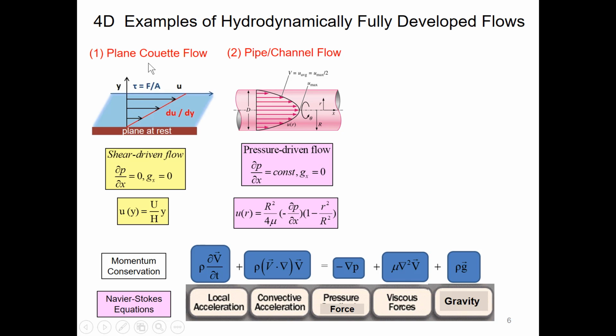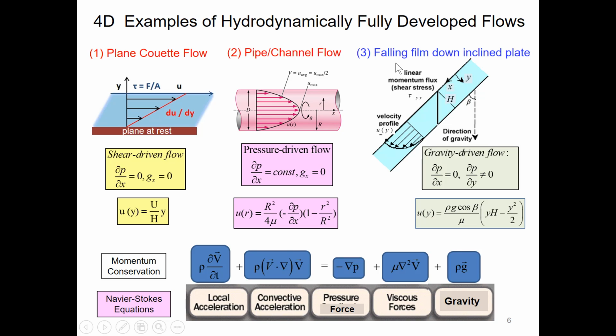For a plane Couette flow, it is shear driven, that is, the viscous force or the friction is the sole force to carry the flow moving forward, and the flow pressure in the flow direction doesn't change.